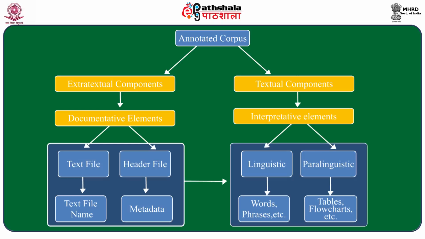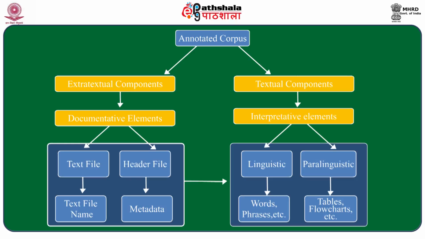Suppose tables, images, pictures, flowcharts, graphs, and many other visual elements also come into the text. These are normally known as paralinguistic elements. So all those things need to be interpreted, so they are interpretative components.